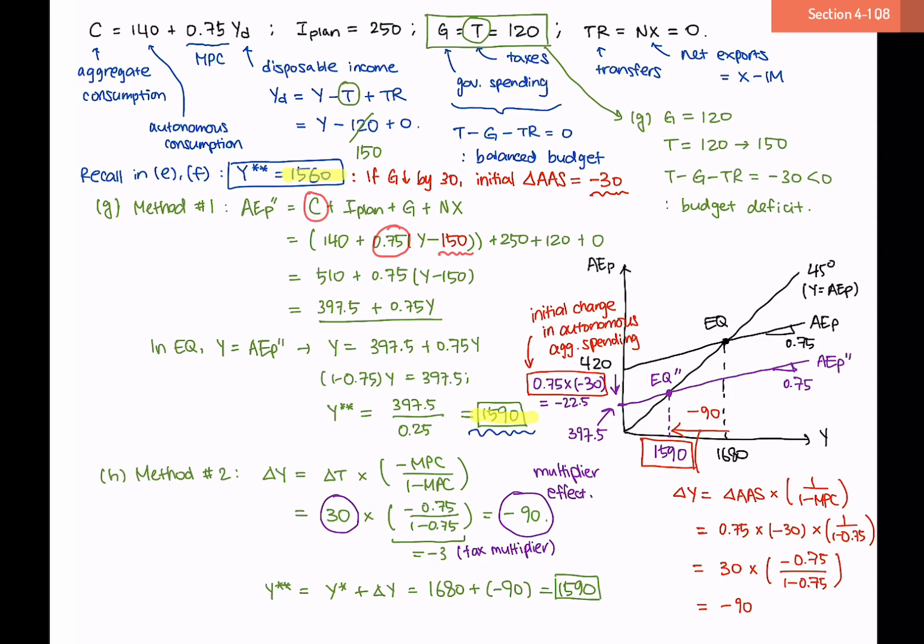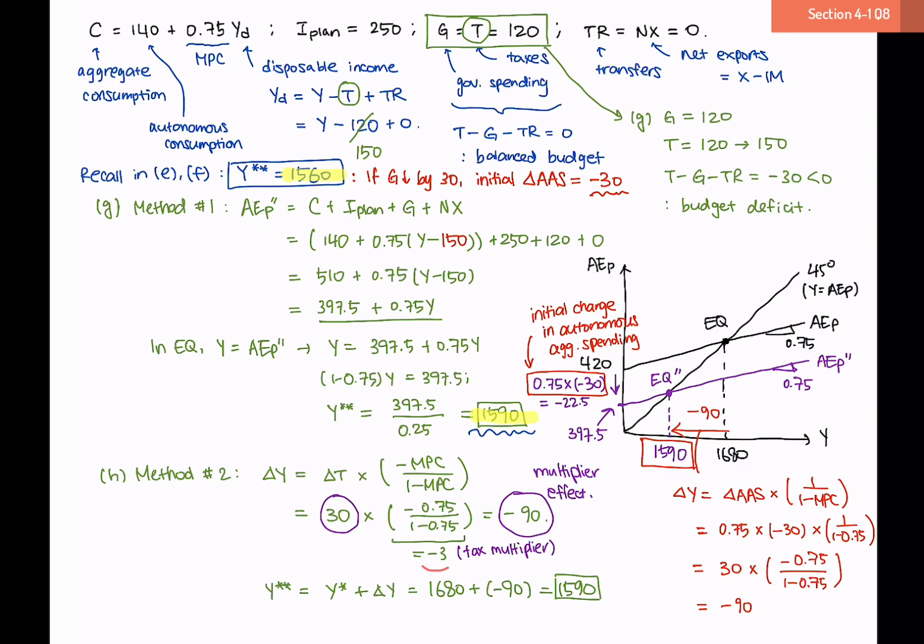And so your initial change in autonomous aggregate spending, or the initial change that your planned aggregate expenditures sees after the rise in taxes, ends up being smaller compared to the change in government spending that we saw in the earlier parts. In other words, taxes are more of an indirect measure when it comes to fiscal policy.